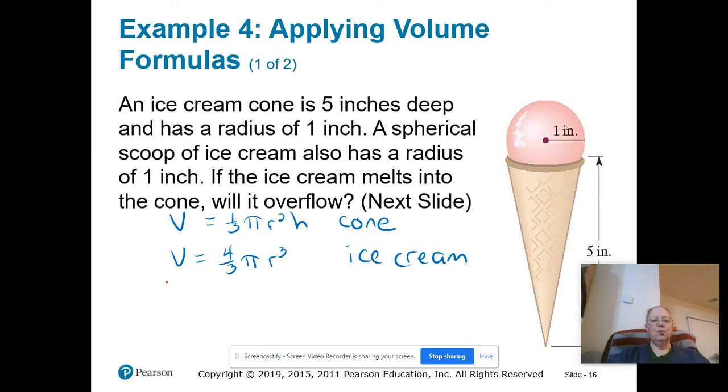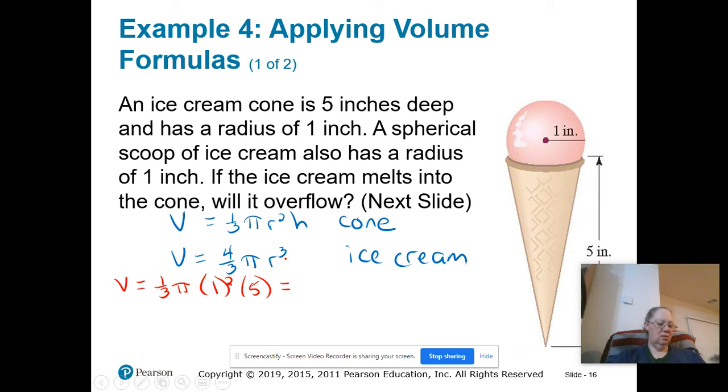Okay, so we're going to do the ice cream cone first. So we have 1/3 pi. It says it has a radius of 1 inch, 1 squared. This is the cone now. And the height, and it's 5 inches. All right.